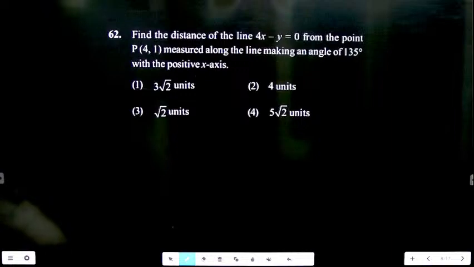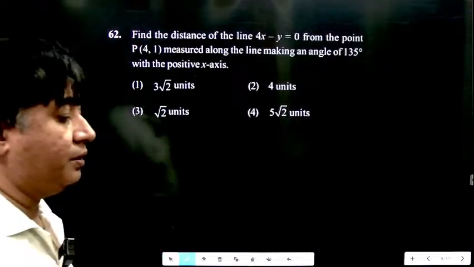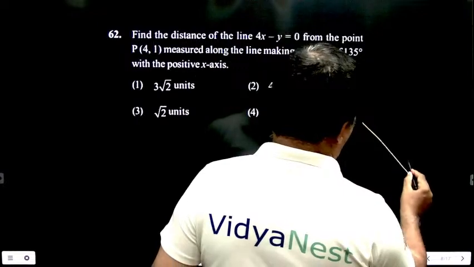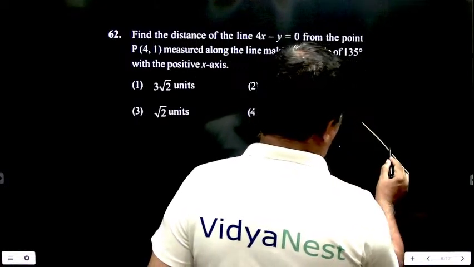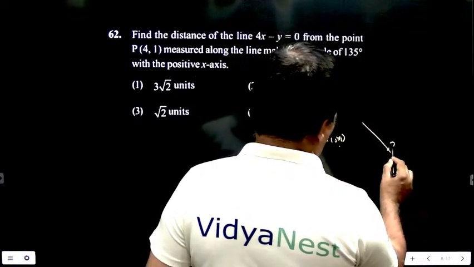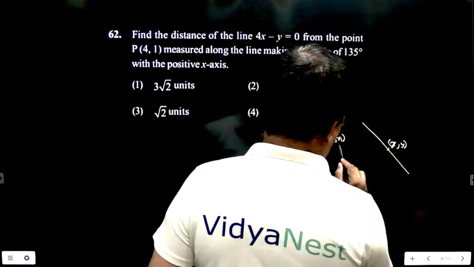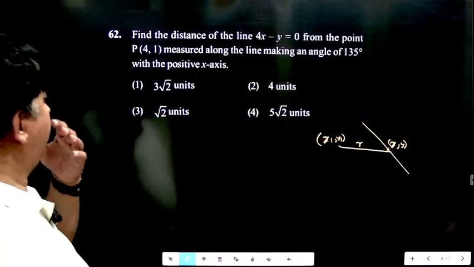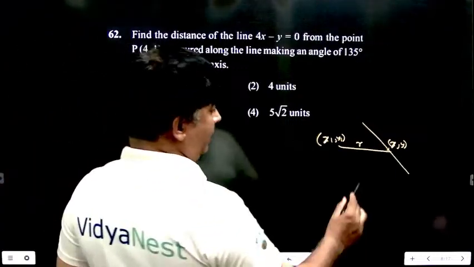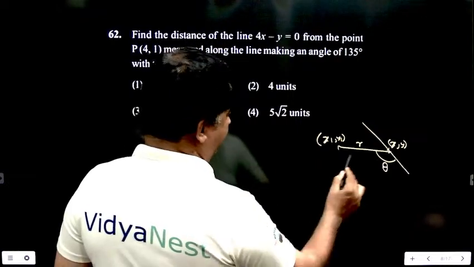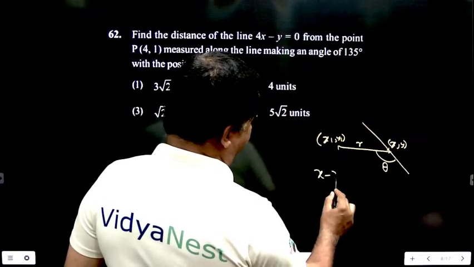Have you gone through? Yes, sir. Go. So this sum demands the symmetrical form. Symmetrical form is what? Say this is any straight line. This is any point x1, y1, and this is x comma y. This distance is r. Now this angle, say theta, is measured. So how to find this r? By the symmetrical form.